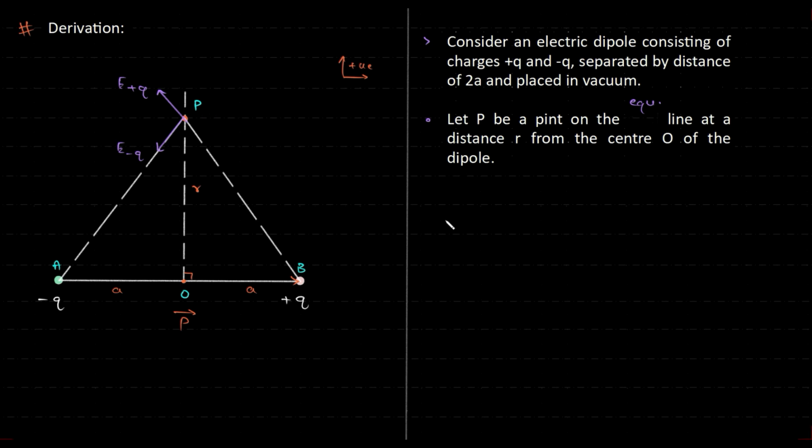So the next thing is the free body diagram of a unit positive charge at P. So we have a dot and we have this line that of course we'll use.